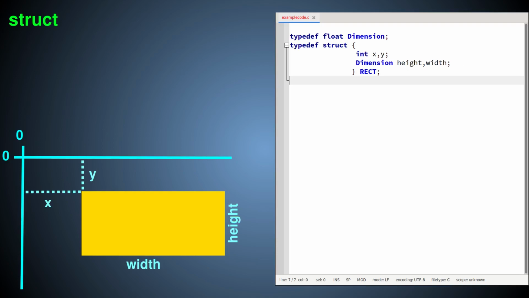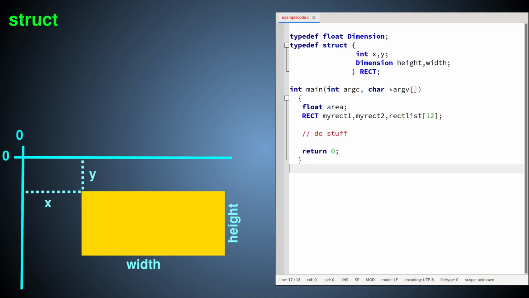So here we define our struct without a tag and give the typedef of our struct the name rect. This rect label will include the struct bit, so there is no need to use the struct keyword when we declare variables using this typedef, like myrect1, myrect2, and the array of 12 rect structures rectlist in this example.